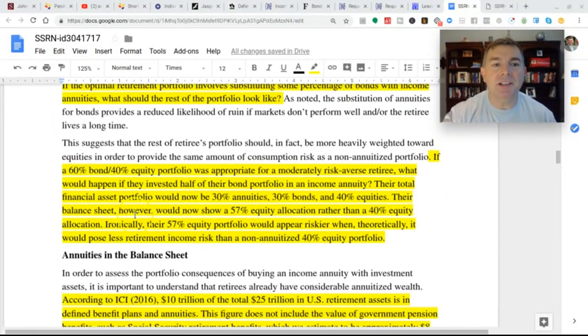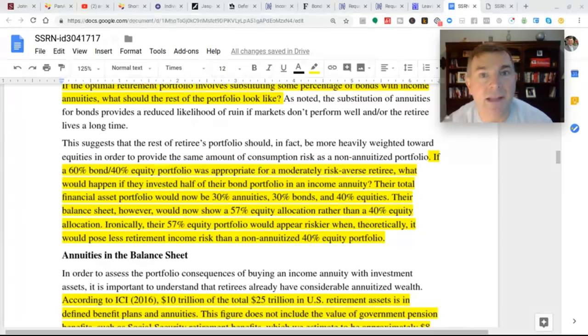If a 60-40 bond to equity portfolio was appropriate for a moderately risk-averse retiree, what would happen if they invested half of their bond portfolio in an income annuity? Their total financial asset portfolio would now be 30% annuities, 30% bonds, and 40% stocks. Their balance sheet, however, would show a 57% equity allocation rather than a 40% equity allocation.